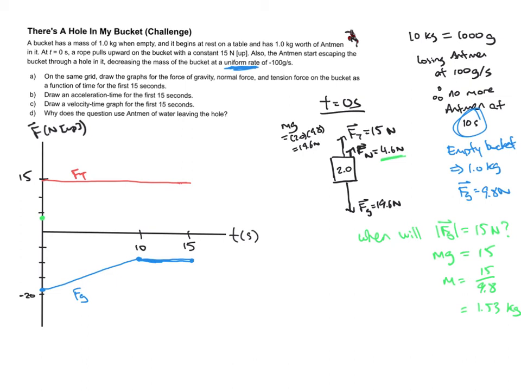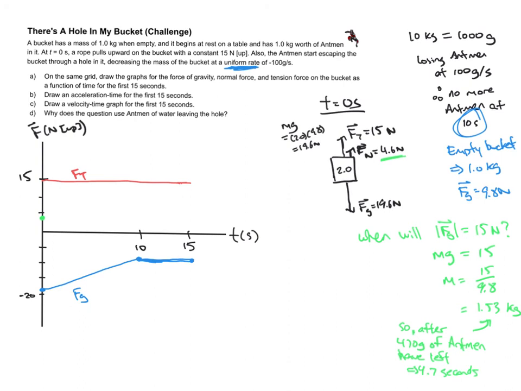That's a 470 gram difference. So after 470 grams of Ant-Men have left, which since they leave at a rate of about 100 grams a second, that would be 4.7 seconds.